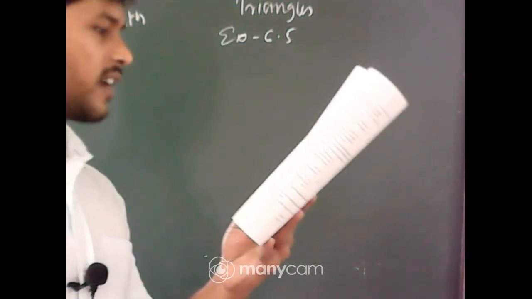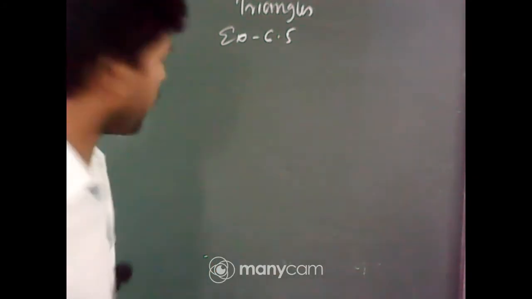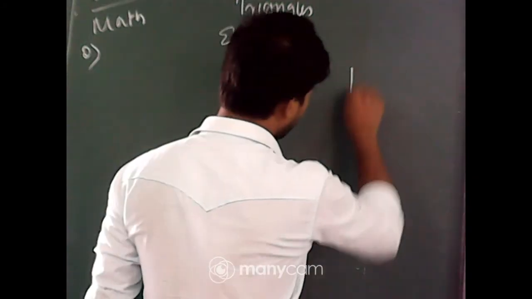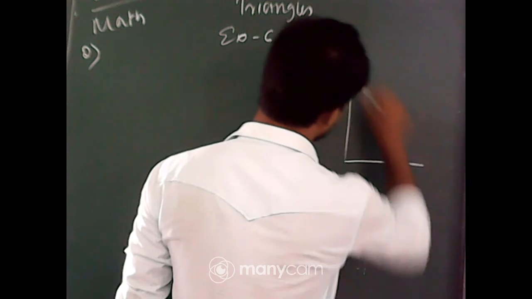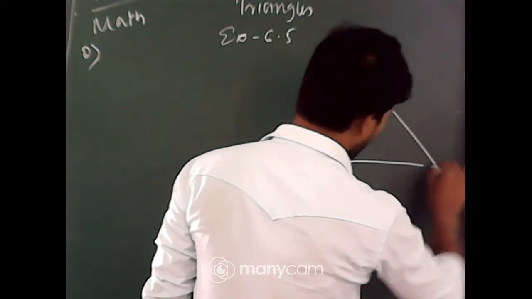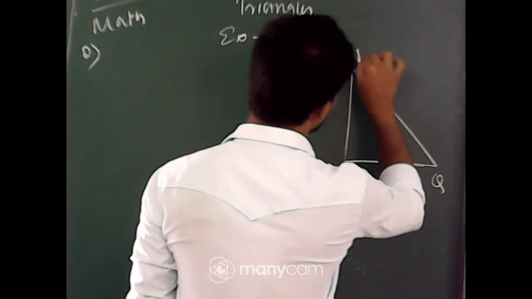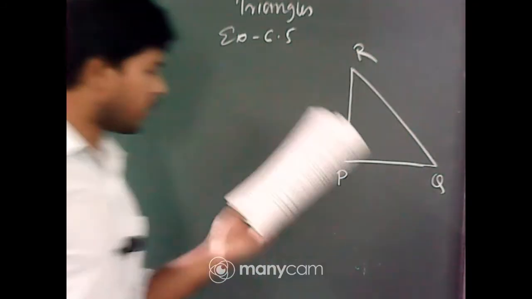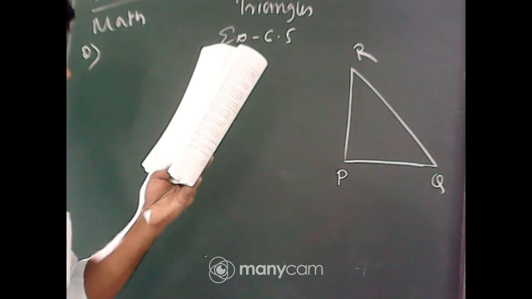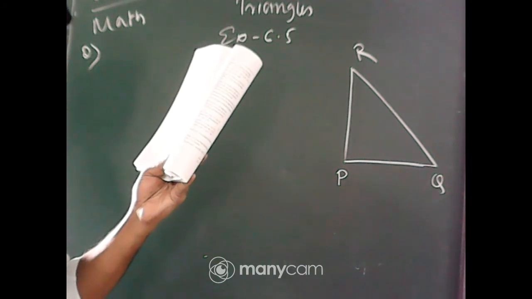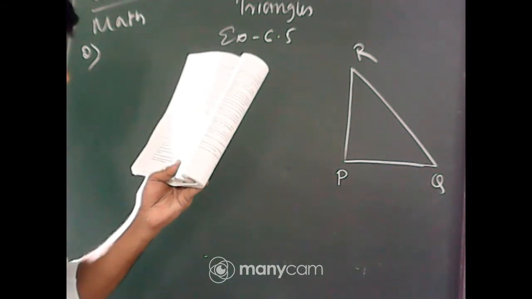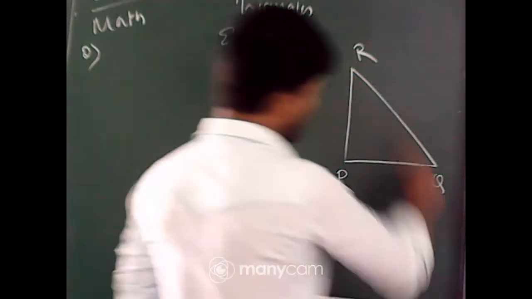Question number 2: PQR is a triangle right angled at the point P. So quickly draw a right angle triangle PQR, right angled at P, and M is a point on QR. This is the hypotenuse QR.